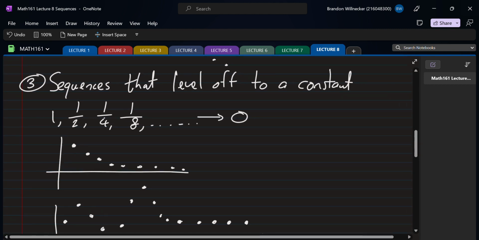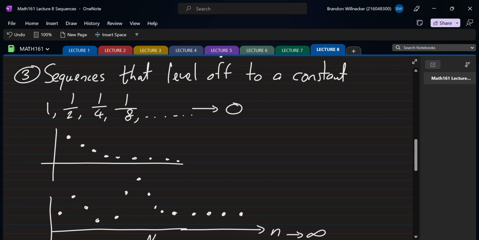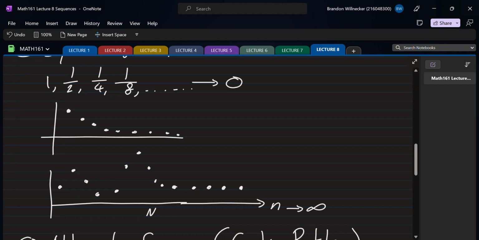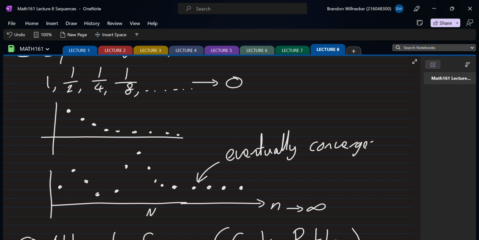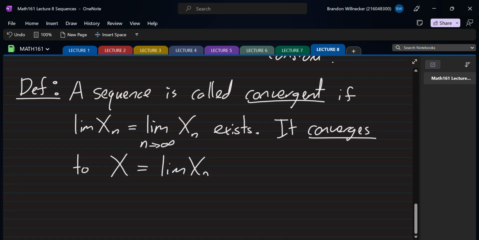However, in number 3, we see that both of these converge. The first one converges to 0. The second one may have some behavior before this capital N, but eventually it converges to a constant. Okay, and we call those sequences convergent.